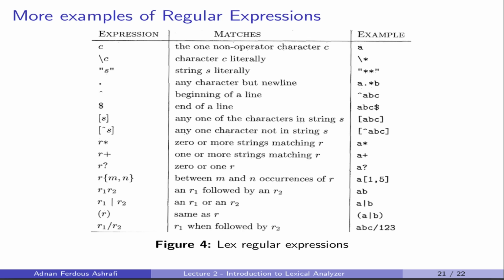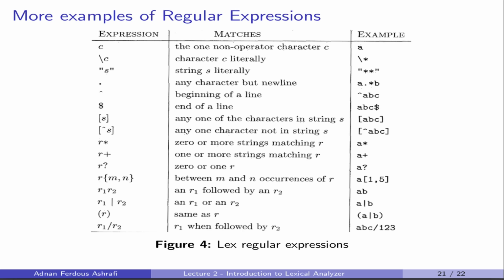So this means one or more strings matching the symbol R. Okay, so for example a plus means there can be one A or there can be infinite A's and so on. Okay, so there is one hybrid closure called R question mark. So this means there can be zero R or exactly one R. Okay, so for example a question mark means there can be a or there cannot be a.